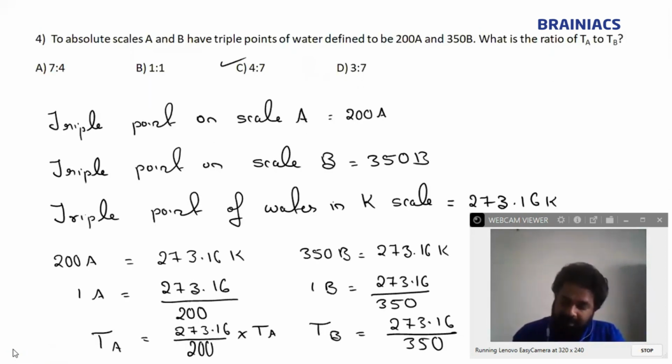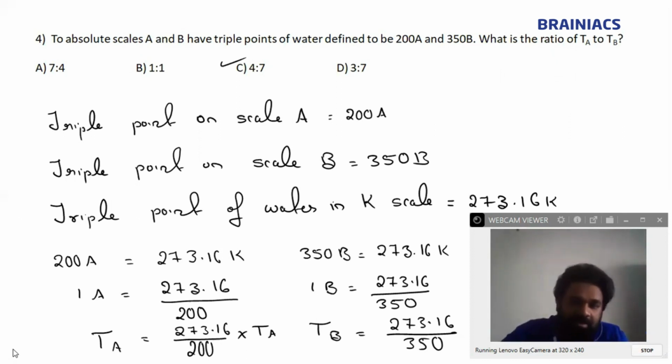I repeat this question again. Two absolute scales A and B have triple points of water defined at 200A and 350B. They are asking the ratio of TA and TB. We know 200A is the triple point in scale A, 350B is the triple point in scale B, and 273.16 Kelvin is the triple point in the Kelvin scale.